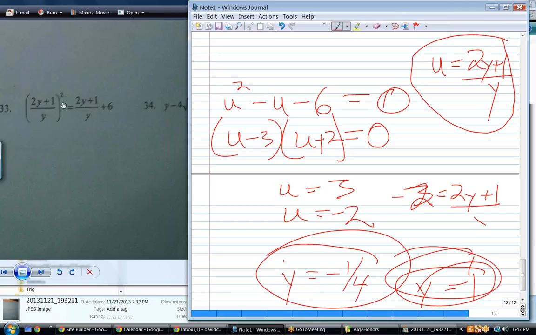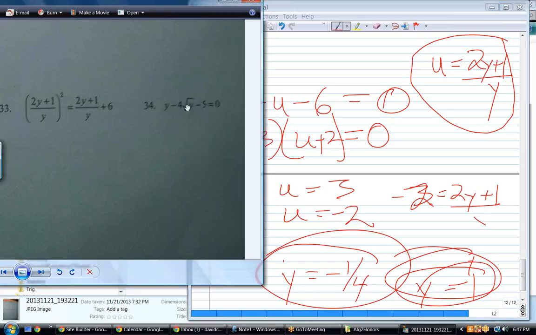That would be a brute to solve without the substitution method. Same thing with 34. Notice 34 doesn't look like a quadratic, but it really is. All you need for something to be a quadratic is for the leading term to be the square of the middle term. And y is the square root of y squared.